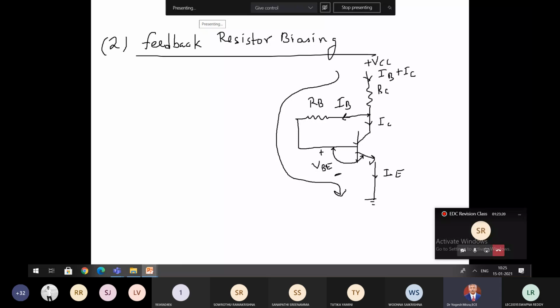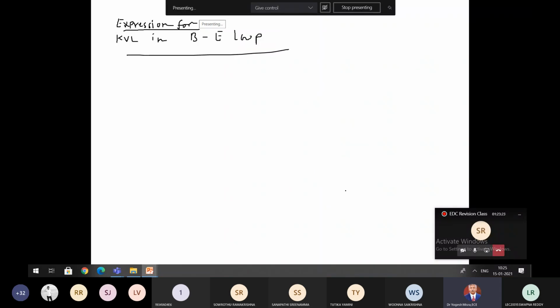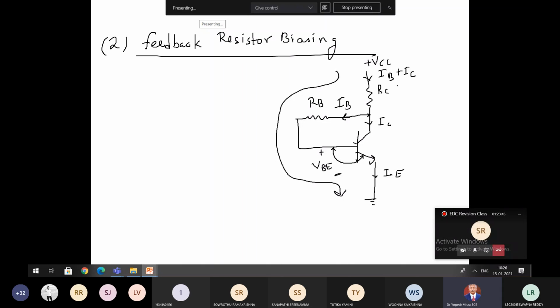You move like this, right? So the expression you will get: VCC minus (IB plus IC) RC. Here is the voltage drop across RC: (IB plus IC) multiplied by RC.